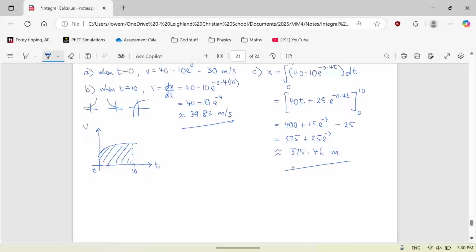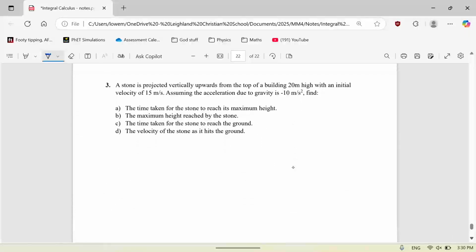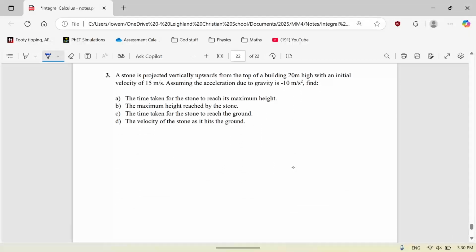Okay, let's look at this last example. Here we have a stone projected vertically upwards from the top of a building 20 metres high. So let's imagine we've got this building.